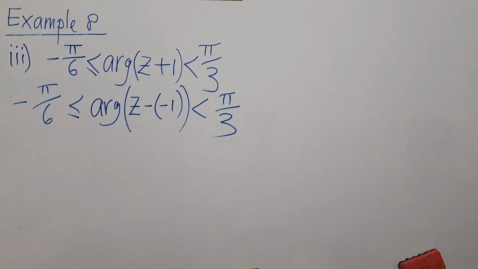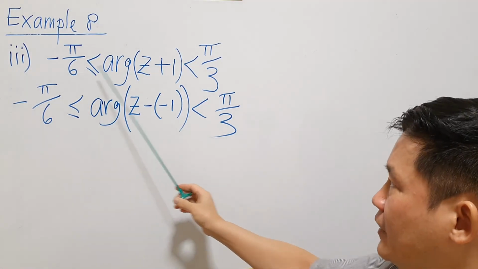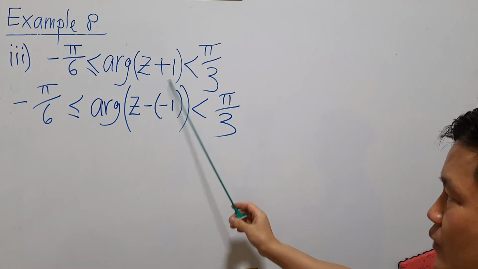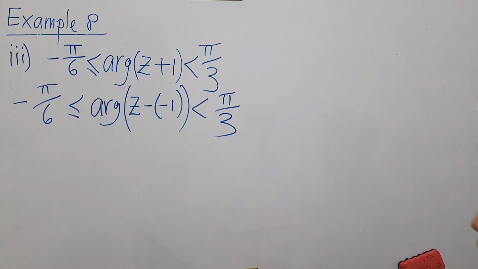In example 8.3, you are given an inequality that involves argument. And if you recall, in the earlier example, those loci that involve argument are likely to do with half lines. So for the given inequality in example 8.3, firstly, I have rewritten this plus 1 as minus 1.